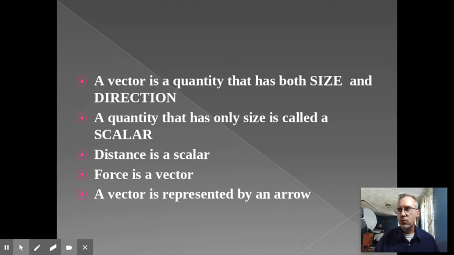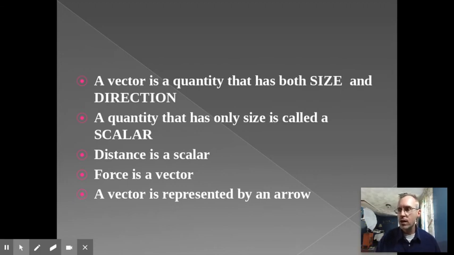The direction is relevant. It makes a difference whether you're pushing with 100 pounds on the object to the right or to the left, or pushing up on it or down on it. So force is a vector, as opposed to a scalar.